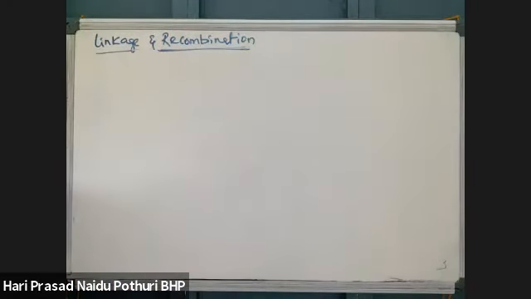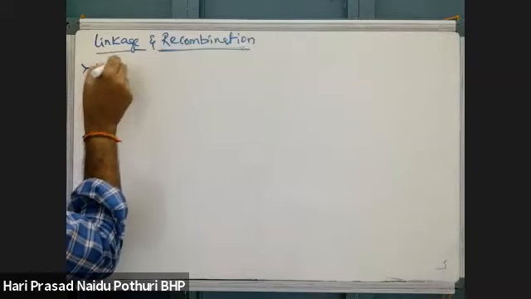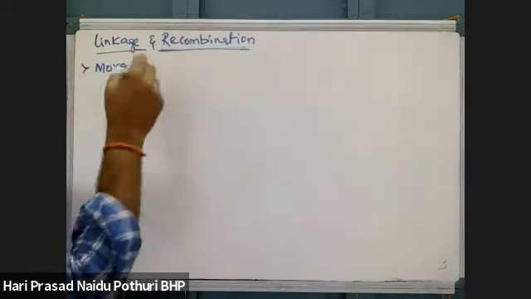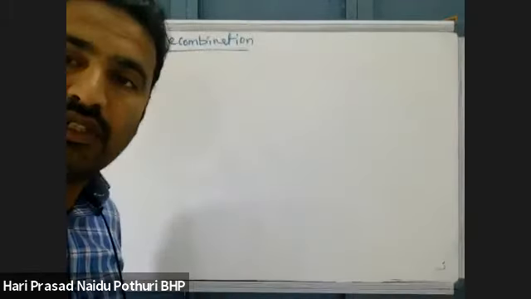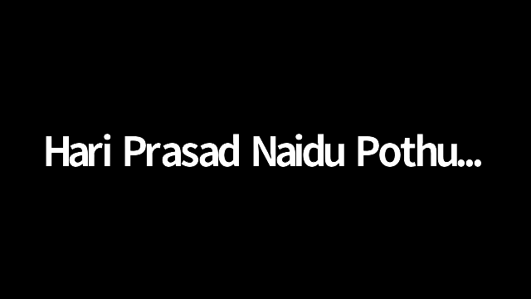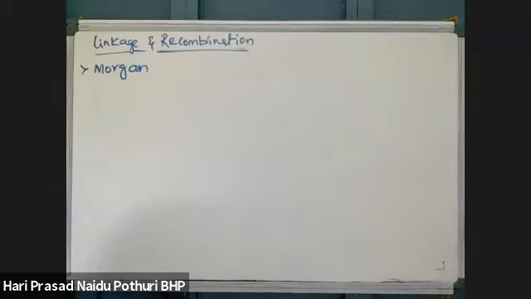See here, this recombination frequency. Before going to some examples, let us see some more points regarding Morgan's study. Thomas Hunt Morgan observed... I will give an example.